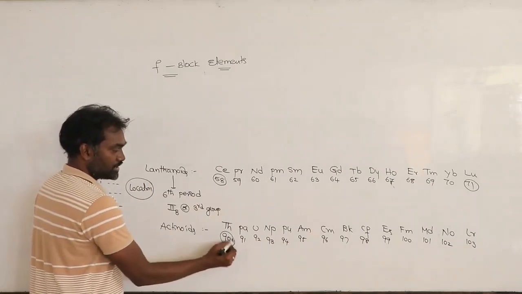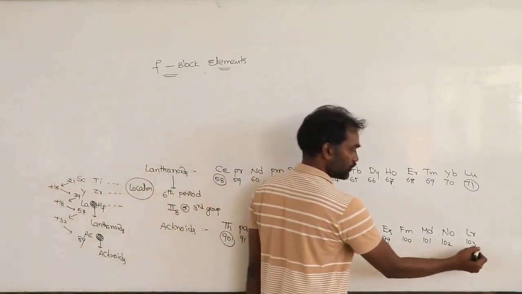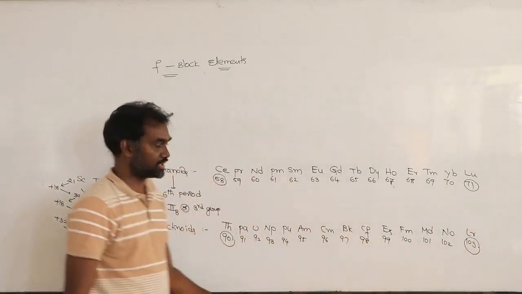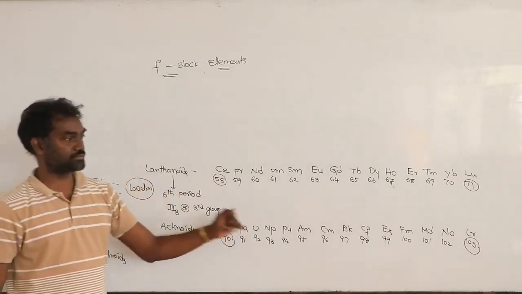So thorium is 90 and lawrencium 103. These elements are called actinoids.